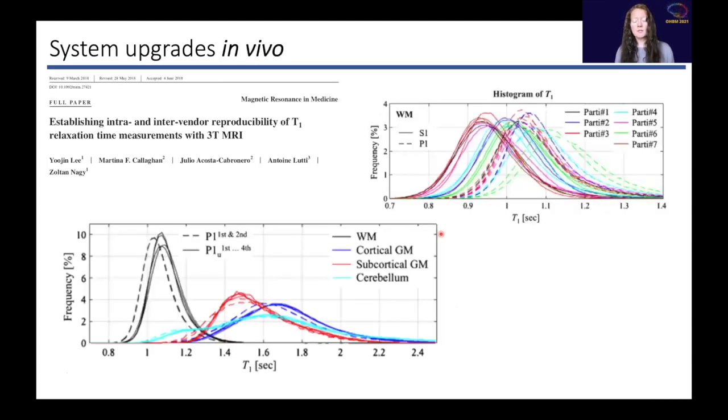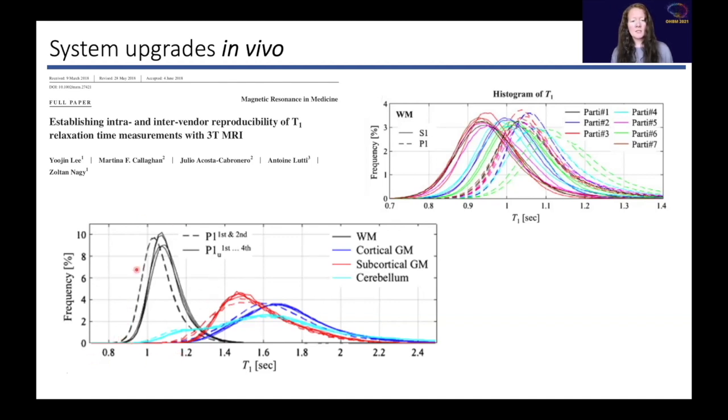We weren't the only ones to see this effect. So the Lee paper that I mentioned earlier, one system in their study had a software upgrade during their data collection. And so here again, we have T1 on the x-axis, and then it's a histogram of measured T1, and here the black lines are in white matter.